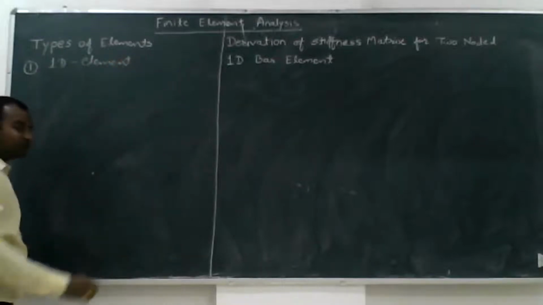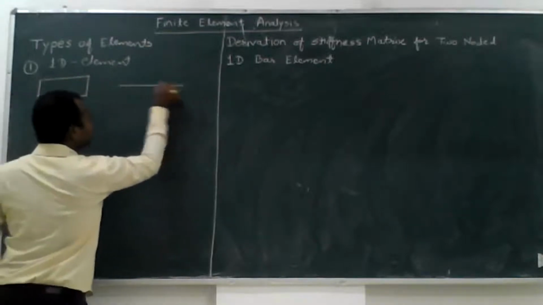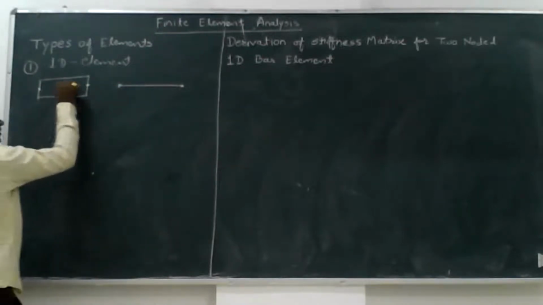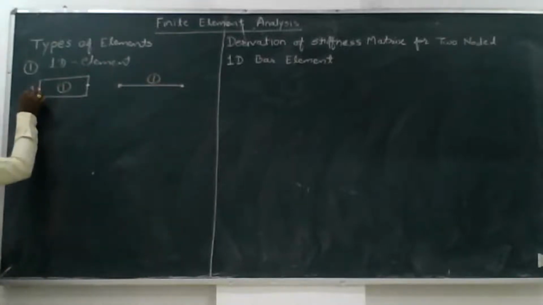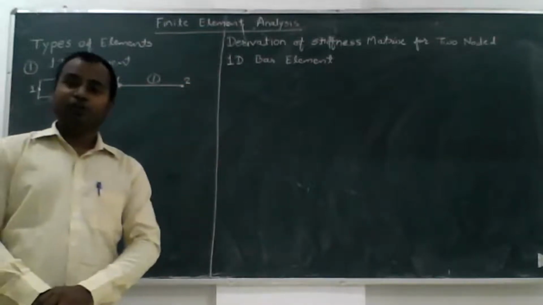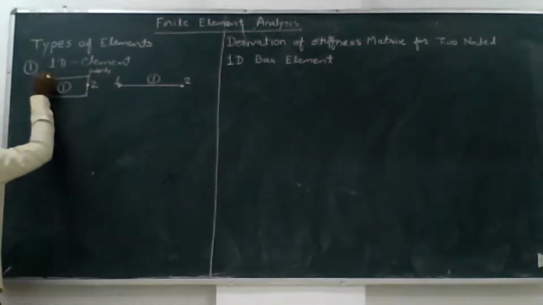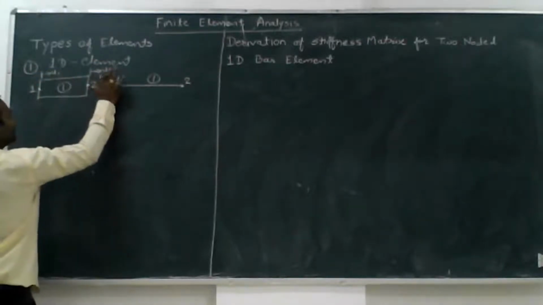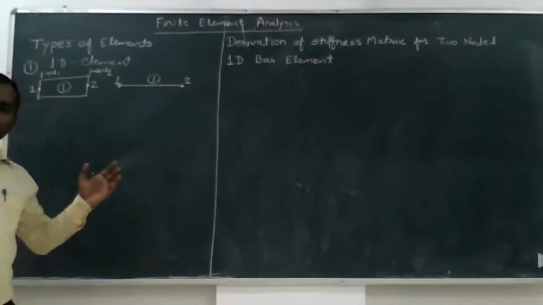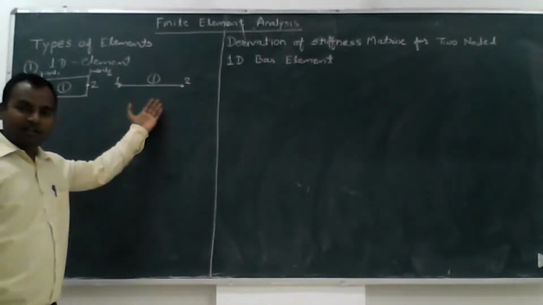The example of a one-dimensional element is the bar element, or the line element. In the 1D bar element, each element has only 2 nodes, 1 and 2, and the deformation of each node is possible in only one direction. Therefore, it is called a one-dimensional element.